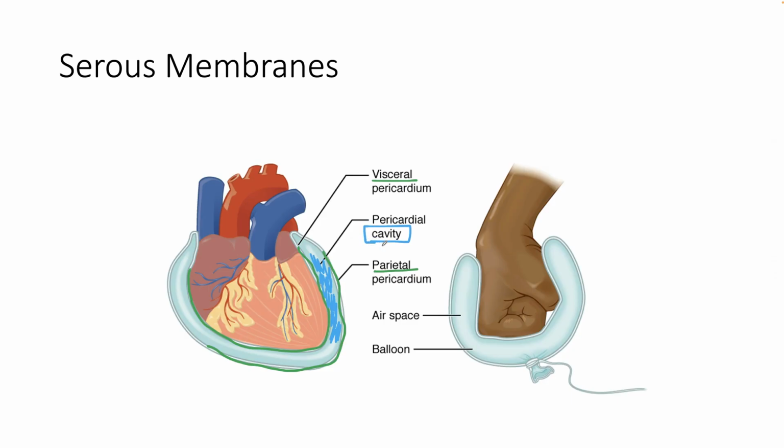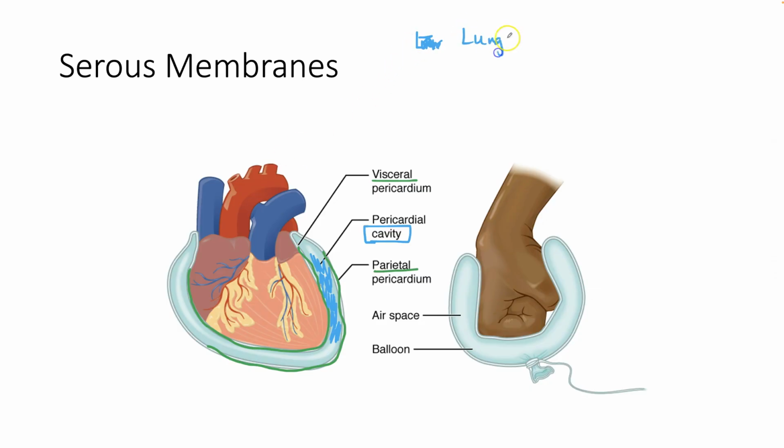Now, if we're talking about the lungs, we would have the same situation. We would have a visceral layer next to the lungs, then a space, and then that external layer, the parietal layer. Let's just write it here.